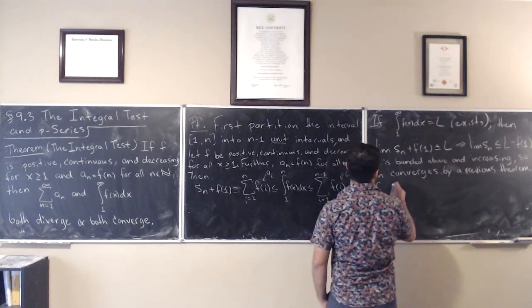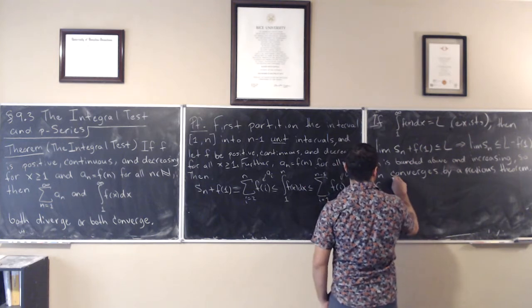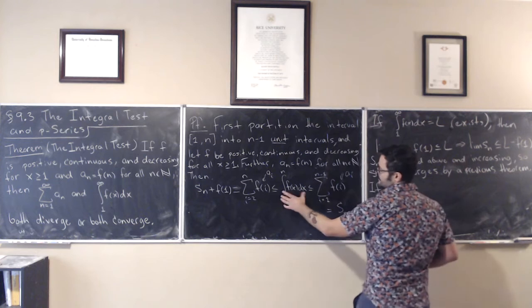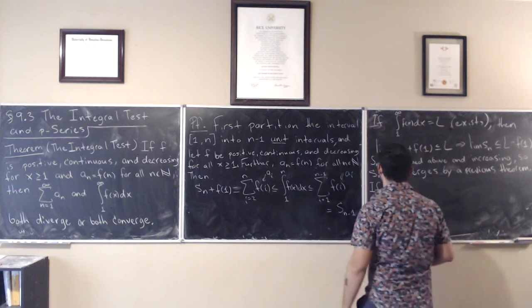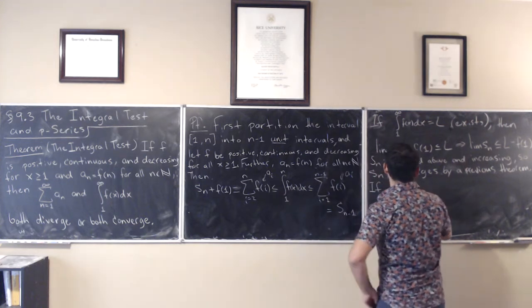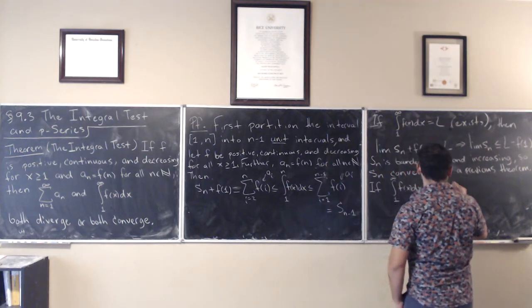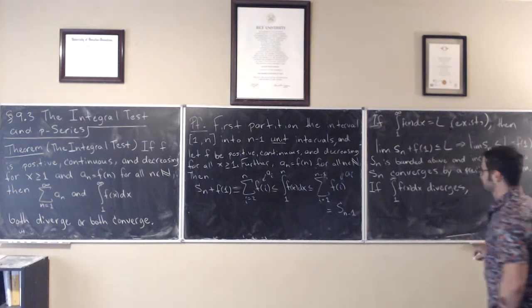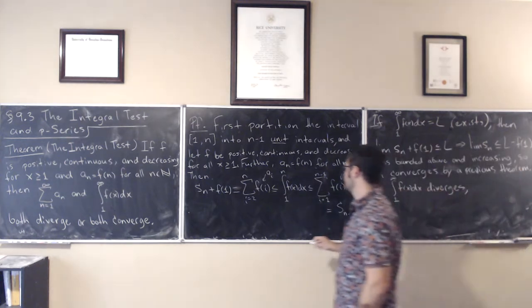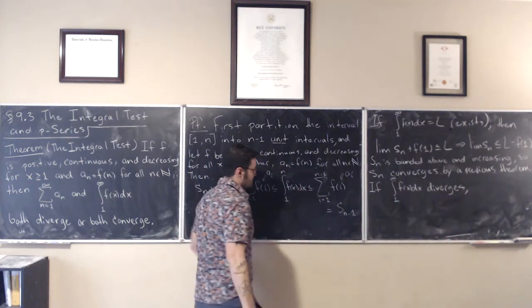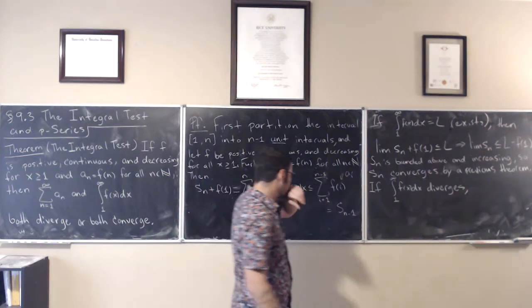If this integral, again, this is just taking the limit as n goes to infinity here, right? So if this diverges, then this goes to infinity, but this is always bigger than it.